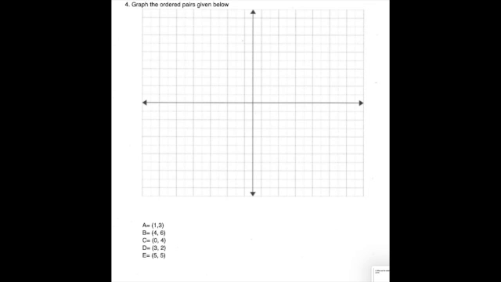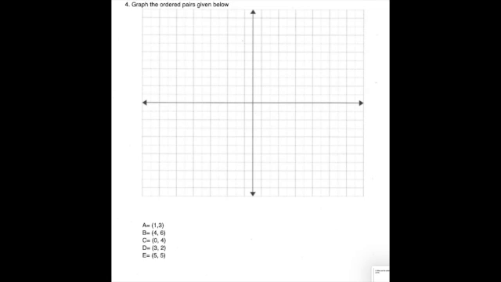Okay, now we're going to do it the other way around. So for activity number 4, you're going to graph the ordered pairs given to you at the bottom of the page. A is (1, 3), B is (4, 6), C is (0, 4), D is (3, 2), and E is (5, 5).